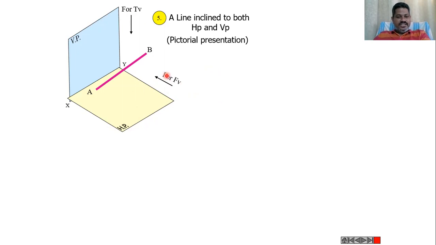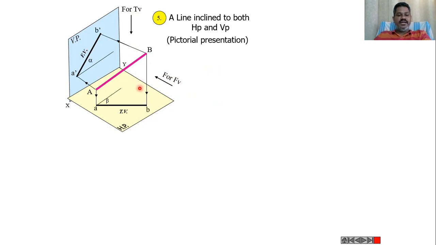To draw the projections, because it is an orthographic projection, this line is projected onto the VP like this with the given inclination angle, that is alpha, and that will be indicated as A dash and B dash. In the front view, AB is with the given inclination angle.